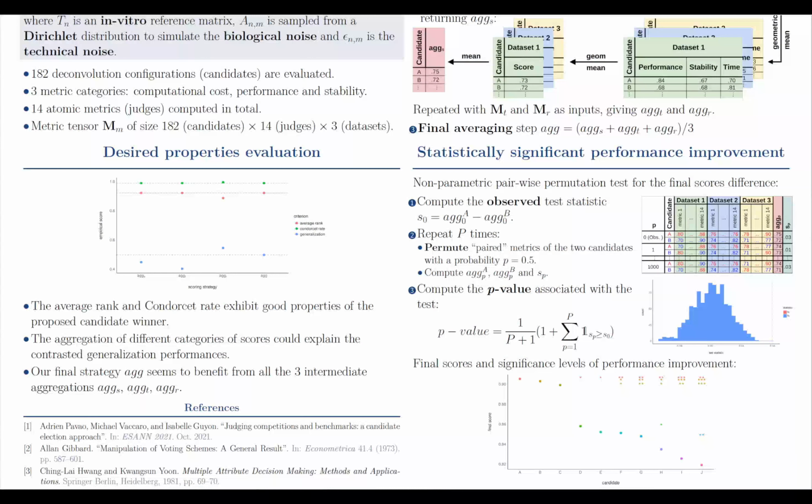In order to evaluate our ranking strategy, we computed 3 empirical criteria. In red, the average rank, in green, the Condorcet rate, and in blue, the generalization.